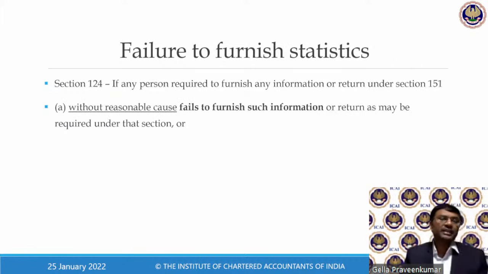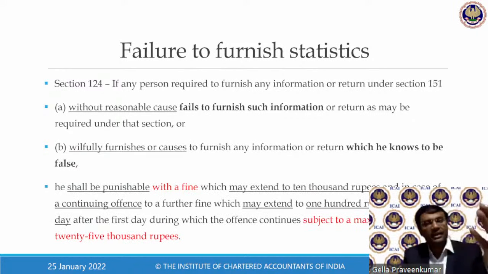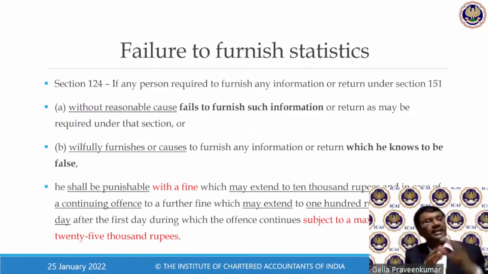Similar to section 150, under section 151, the commissioner, by way of a notification, will call for statistics. Now, I'll give an example. Say there is a manufacturer who has been registered under GST law and he has been filing his returns. The department officer feels that something is wrong with this manufacturer. Let me do one thing.